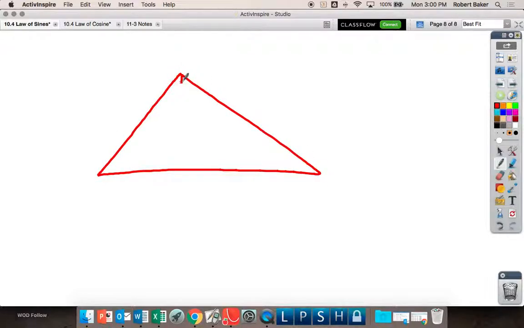Alright, let's say I gave you a triangle that looked like this. Starting over.